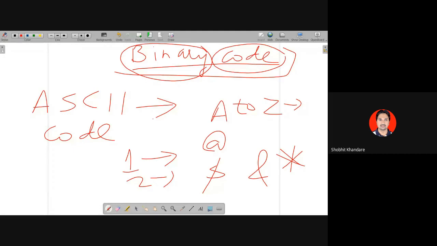Okay, so I told you about binary code, and just now I said that for every code, if I'm talking about ASCII, a corresponding group of symbols will be there. For example, if I took 1, and I said that in ASCII code 1 will be in the form of, suppose, 1100, something like this, 1100.